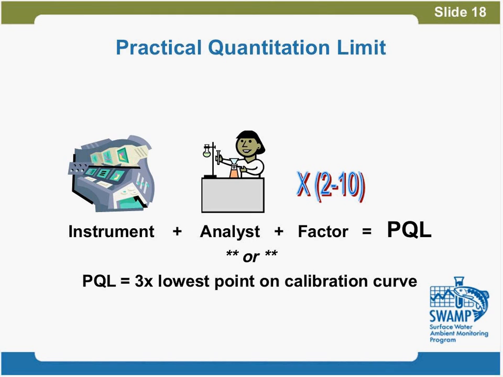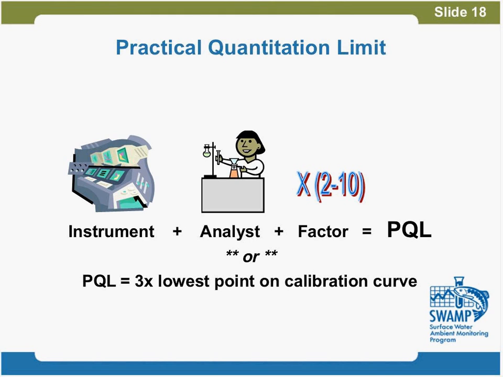Agencies define it differently and folks use it differently in practice. Many folks define it as the instrument, so the method, plus analyst. By analyst, I really do mean the individual person running the samples, and then a factor.